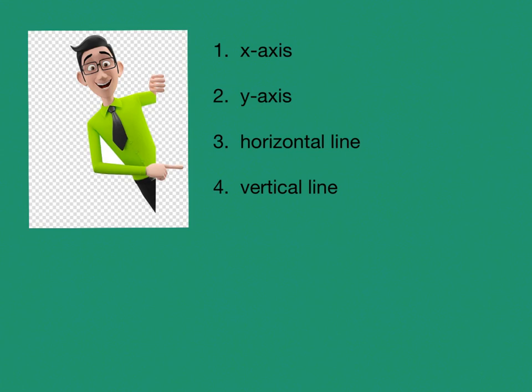Second, the y-axis. Third, a horizontal line. And fourth, a vertical line. For points 1 and 3, as they are horizontal lines, we integrate with dx at the back. For points 2 and 4, since they are vertical lines, we integrate with dy at the back.